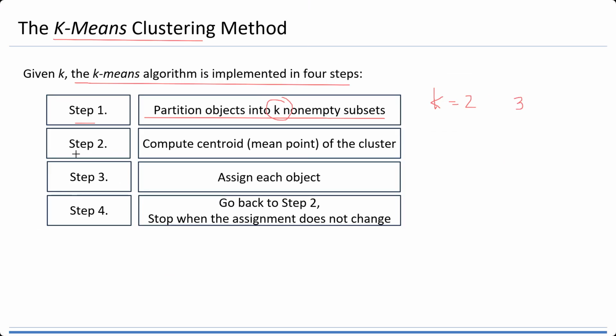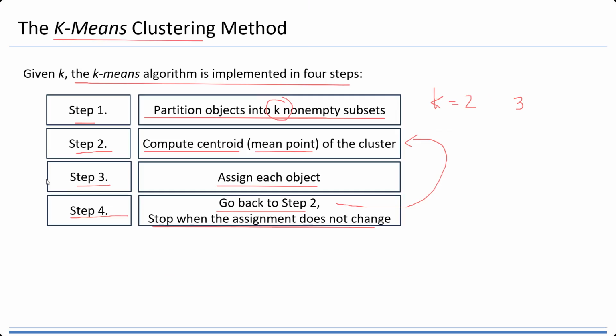The second step is to compute the centroid, which means the mean point, and assign each object. Step 4, go back to step 2. Stop when the assignment does not change.